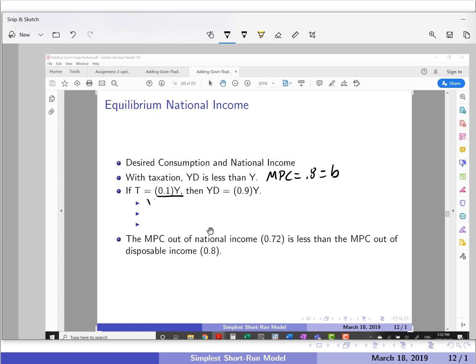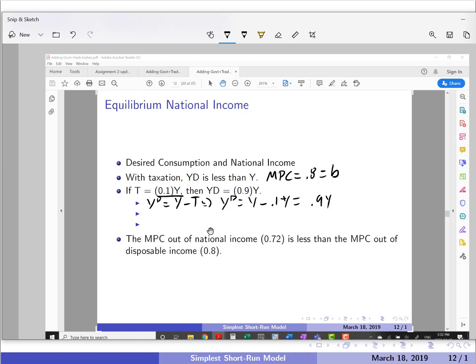So remember, YD equals Y minus T, which means YD is Y minus 0.1 times Y, equals 0.9 times Y. So YD is 0.9 times Y.